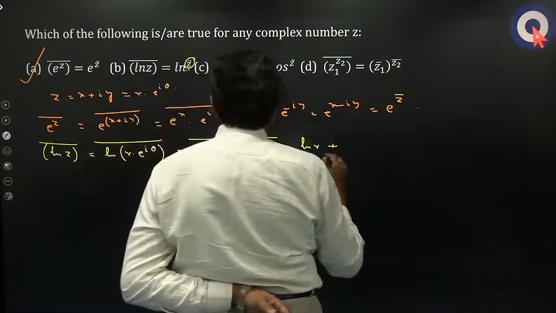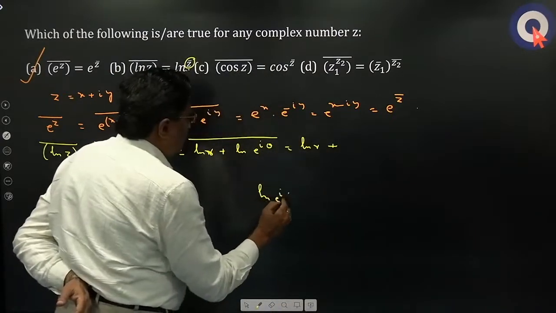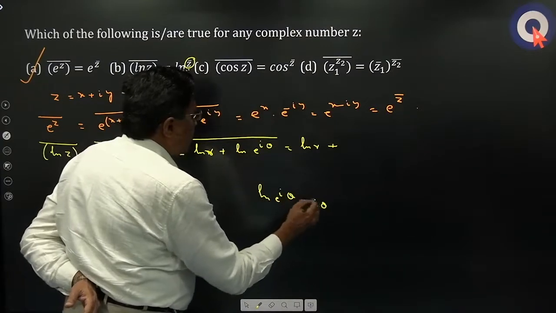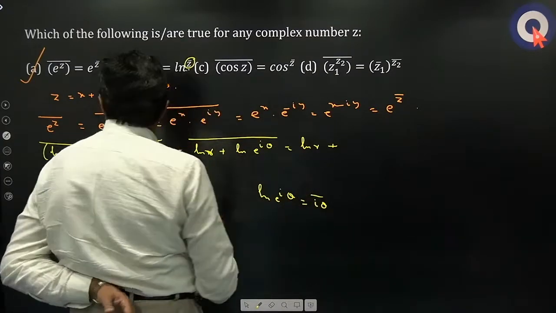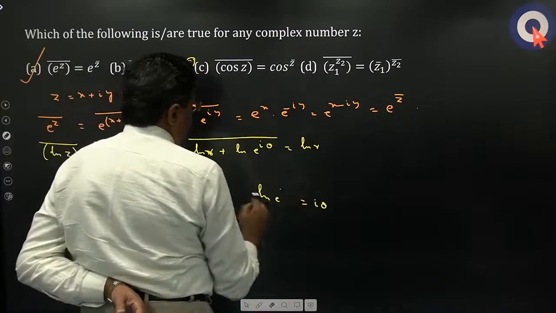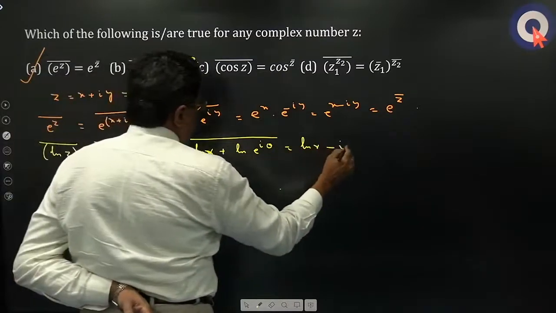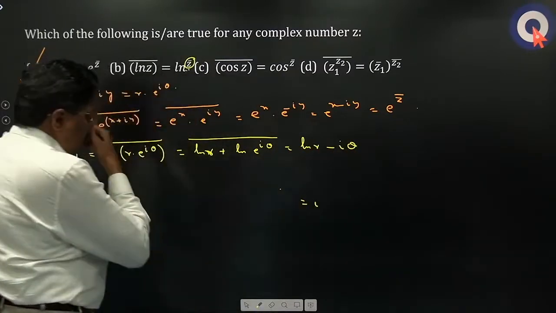And here, ln of e power i theta is basically i theta. Its conjugate is minus i theta. All right.